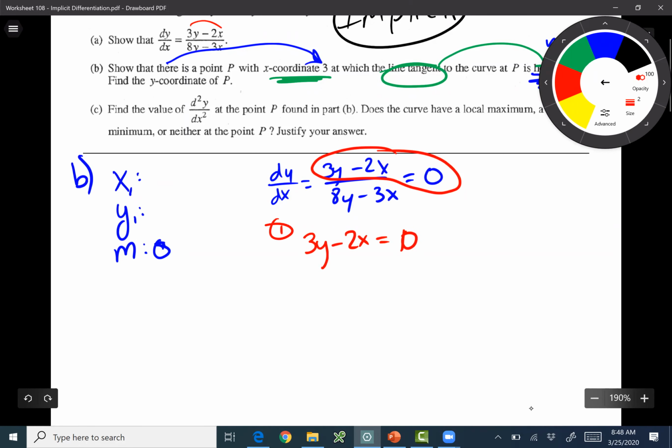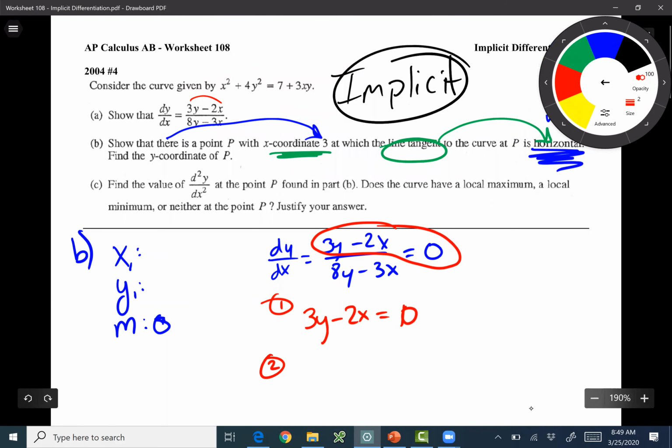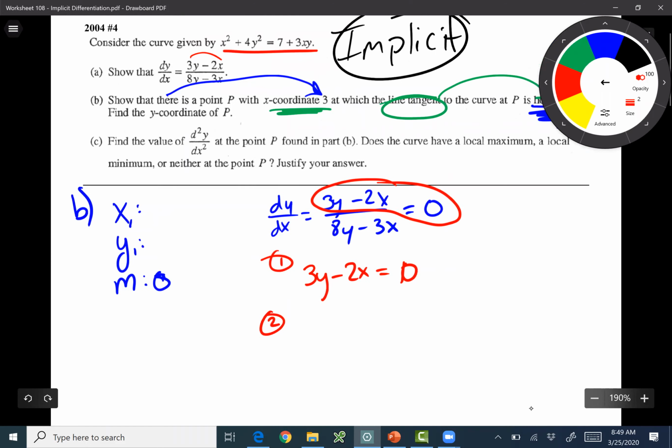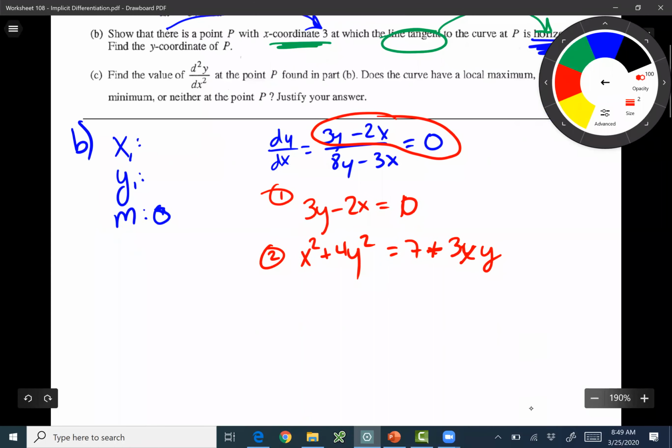That's our first equation. Our second equation is just the original curve, x squared plus 4y squared equals 7 plus 3xy. And I know this seems a little weird, but this is very common and we need to be able to do this.